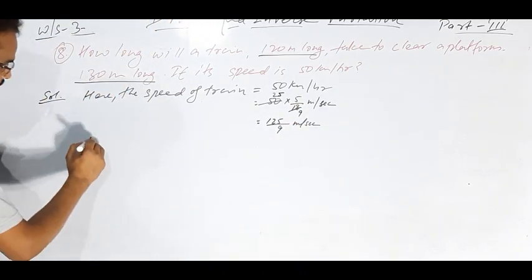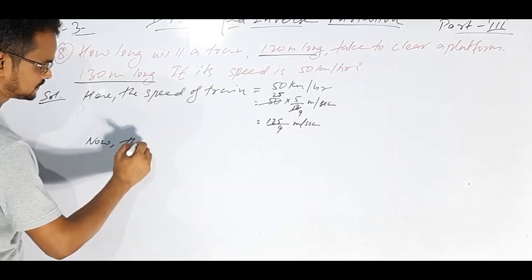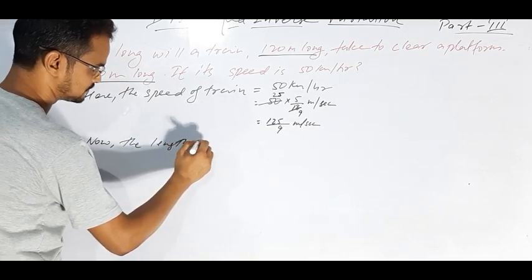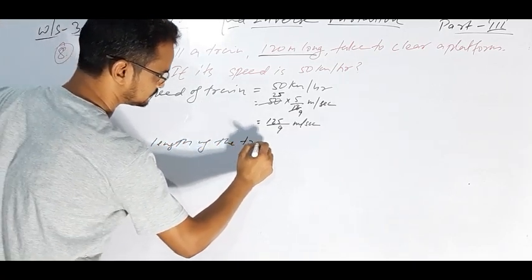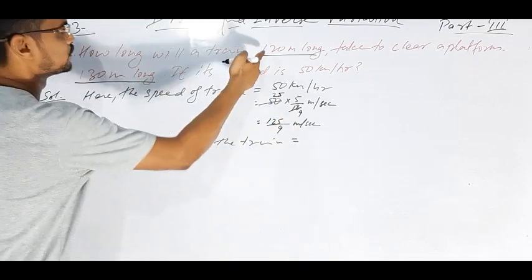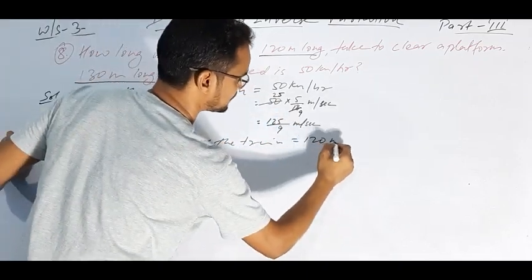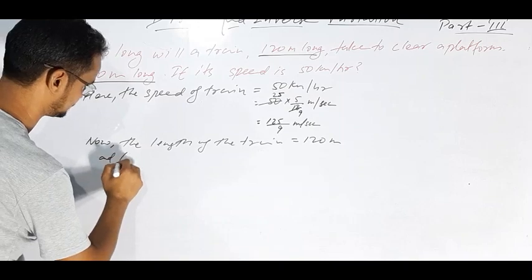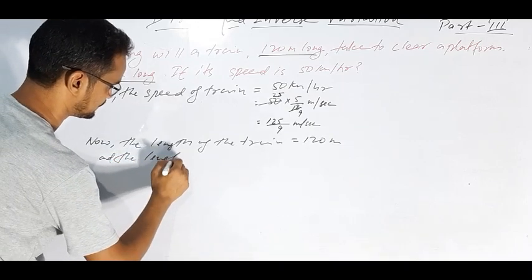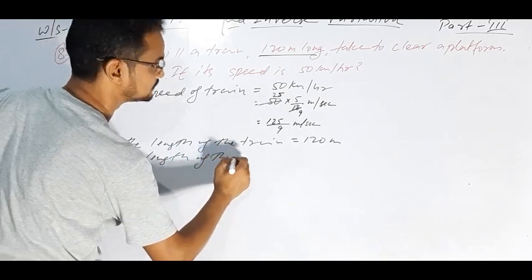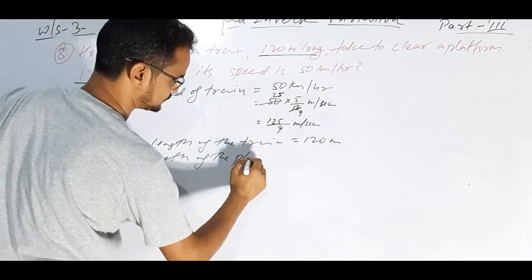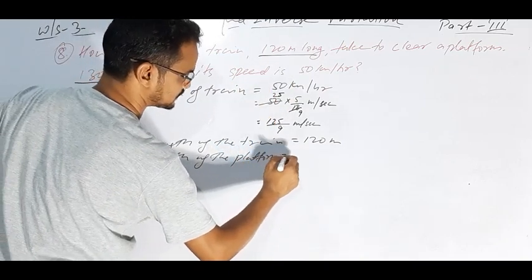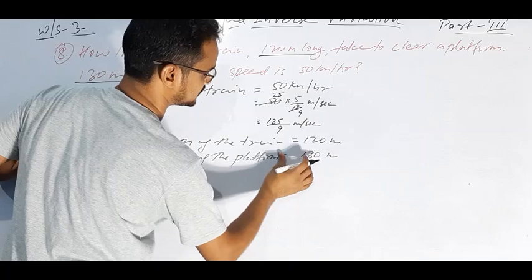Now, the length of the train is equal to 120 meter, and the length of the platform is equal to 130 meter.